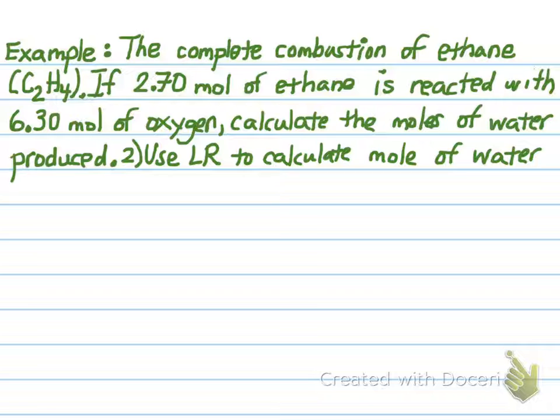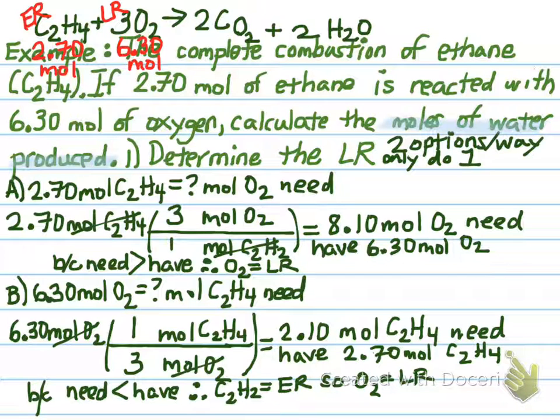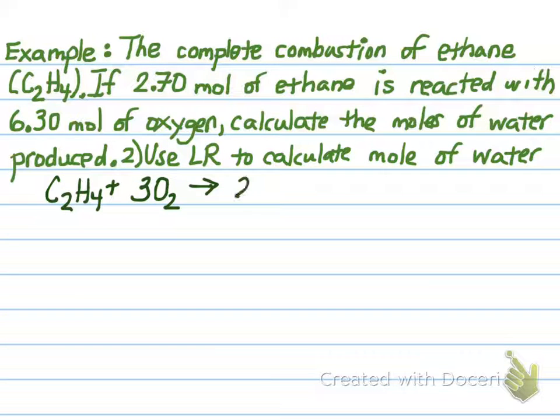Again, I'm going to put my equation up here. So we had C2H4 plus 3O2 resulted in 2 H2O and 2 CO2, which are 2 carbon dioxides and 2 water.